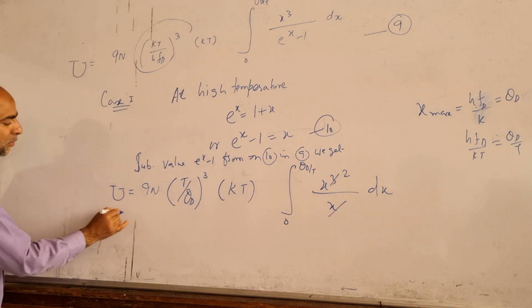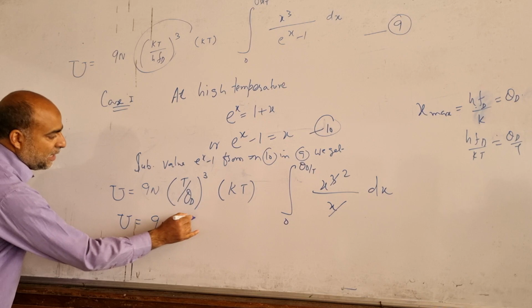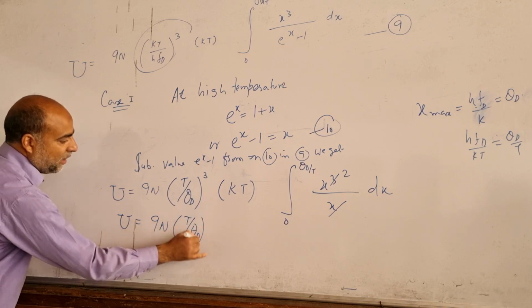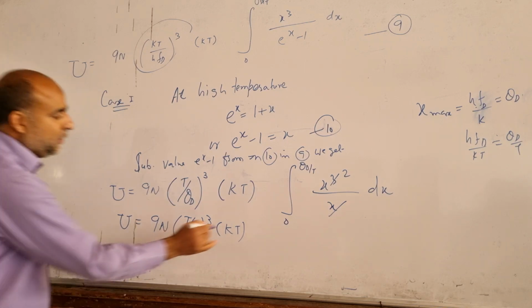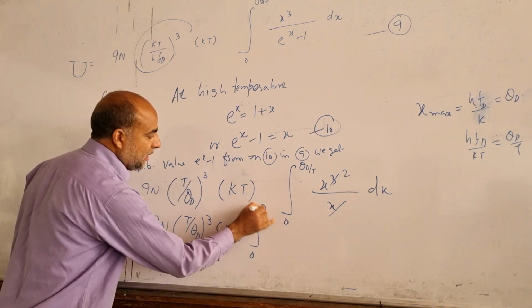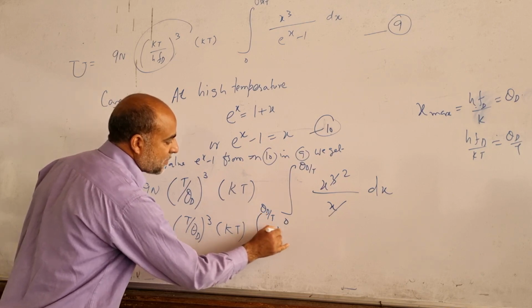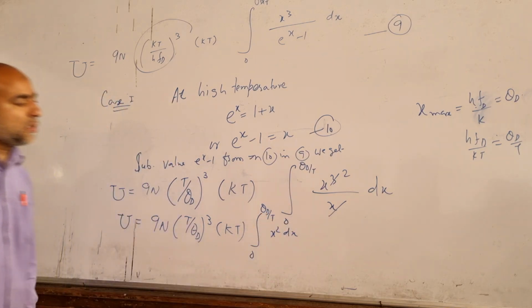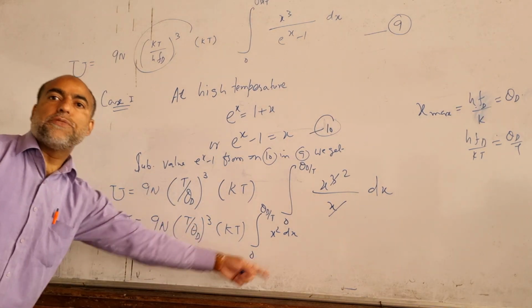So what will be your total energy expression? It is 9n, T by theta D whole cube, kT, into the integral from 0 to theta D by T of x square dx. Now we have to only integrate this part.